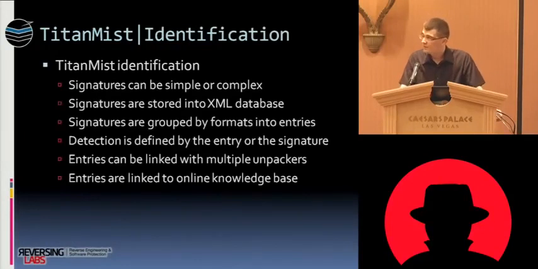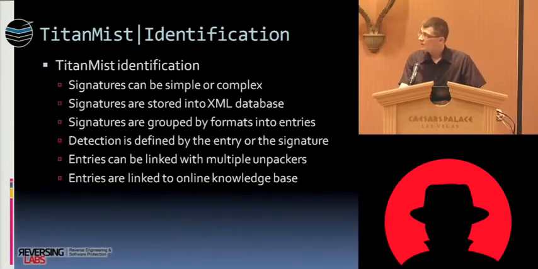Now the identification part is the first part of the TitanMist project, and it is very important because, since we are building a specific unpacker for a specific file format, we need to know which format it is and which version it is. So these signatures are laid out in a database, and they can be both simple and complex. They are grouped into entries. As I said, you can have multiple signatures for a single file format because there are different versions and packers evolve over time.